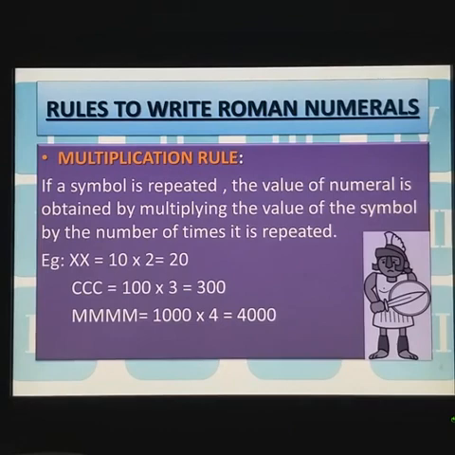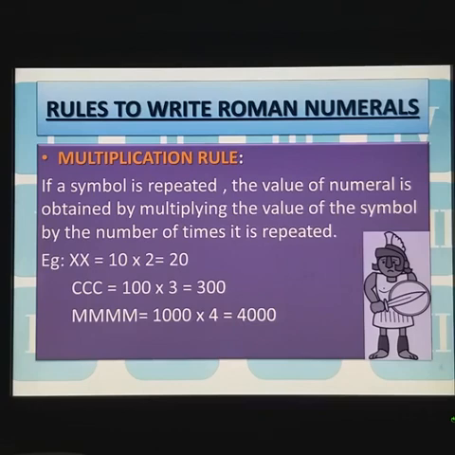To write these Roman numerals, we need to follow some rules. The first rule is the multiplication rule. If a symbol is repeated, the value of the numeral is obtained by multiplying the value of the symbol by the number of times it is repeated.